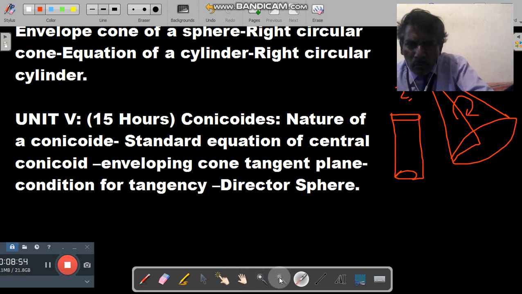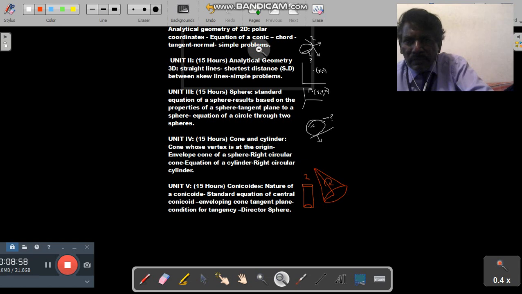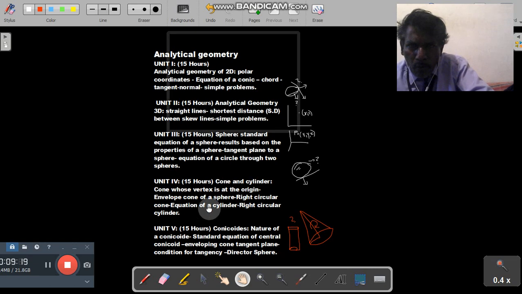So like that, the whole syllabus. The first unit is analytical geometry of 2D, the second unit is analytical geometry of 3D, the third unit is the sphere, the fourth unit is the cone and the cylinder, and the 5th unit is the conicoid.